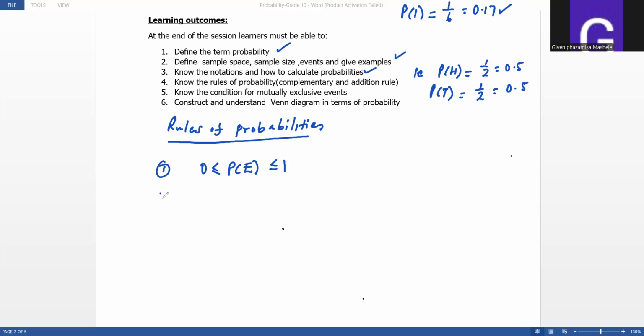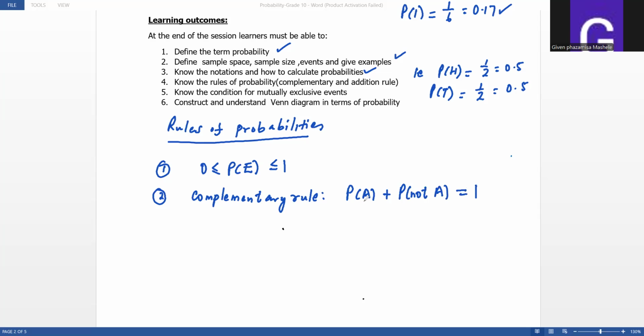Number 2, for grade 10, we have the complementary rule. I'll also explain this using a Venn diagram. The complementary rule states that the probability of event A plus the probability of not having event A always equals 1.